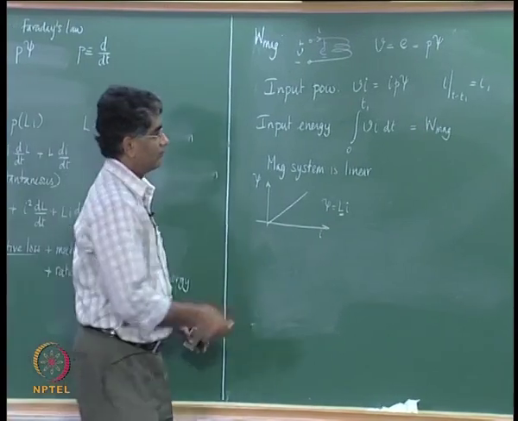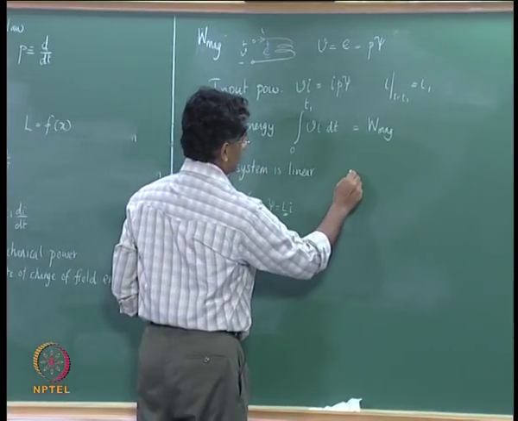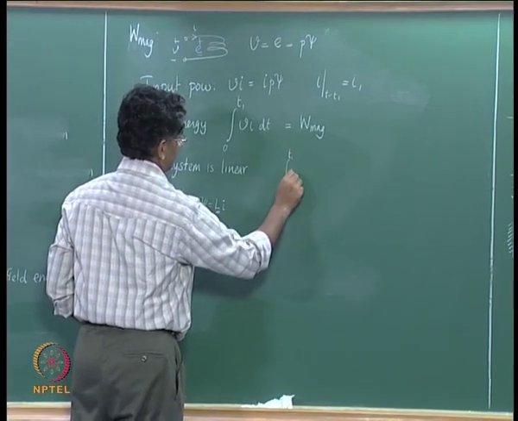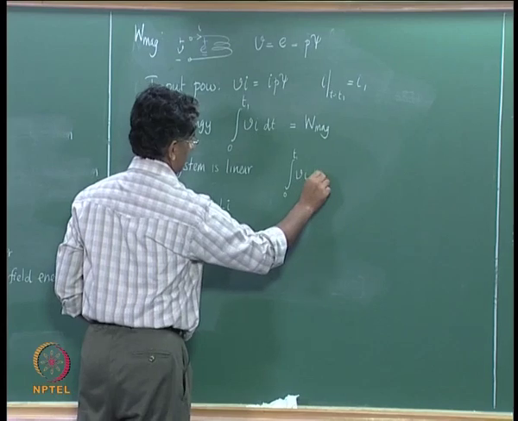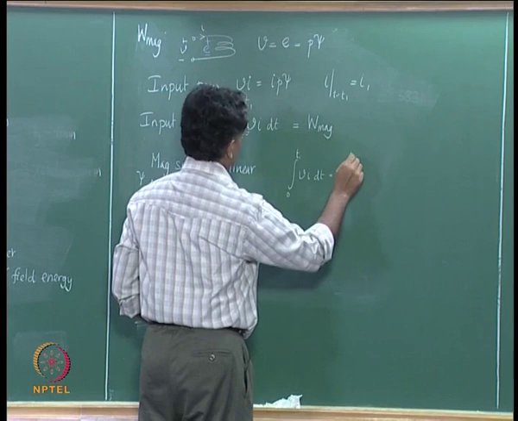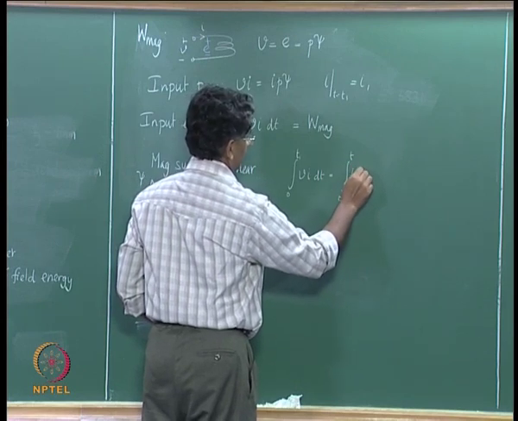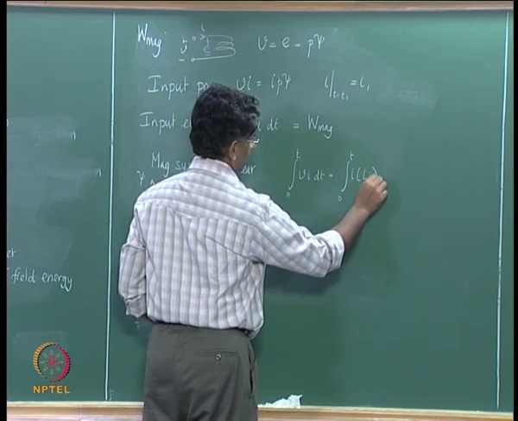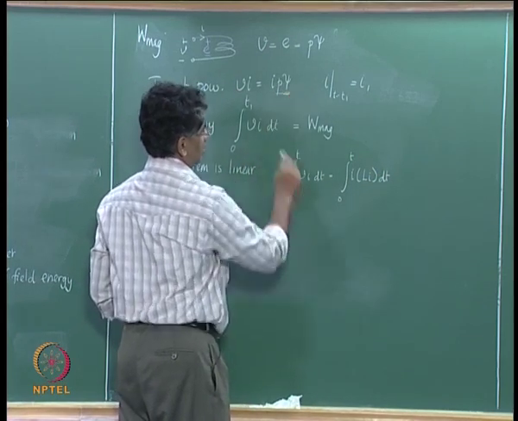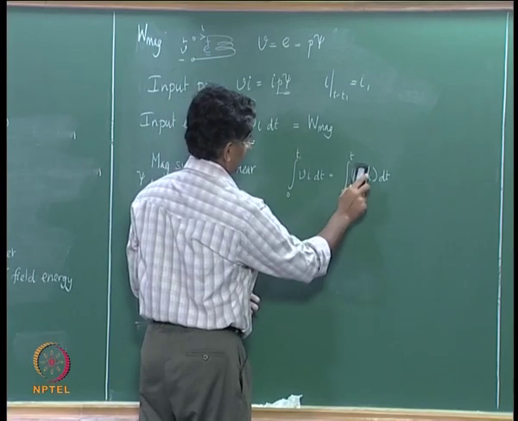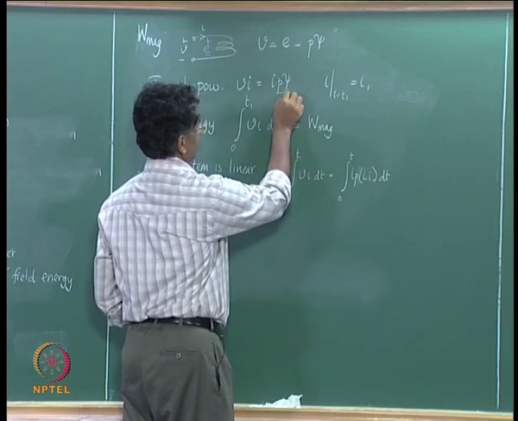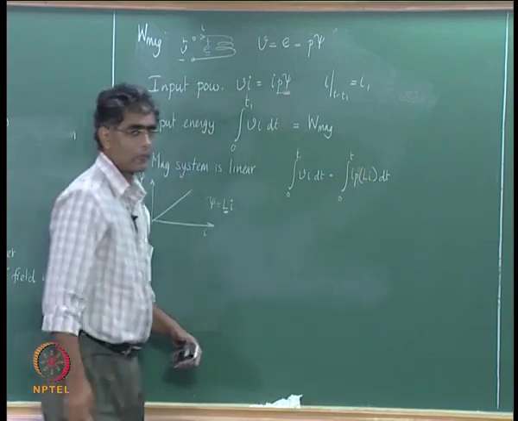So we can write integral 0 to T1 of V i dt is equal to integral 0 to T1 of I into d by dt of L into I dt, where psi has been replaced by L into I.